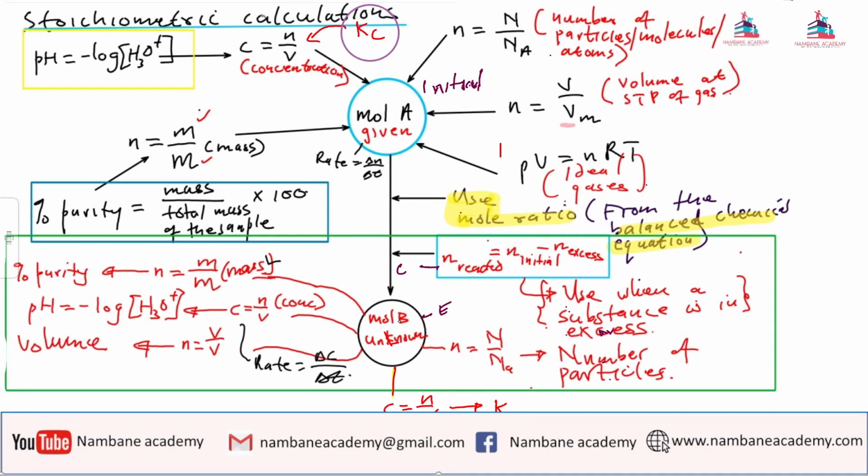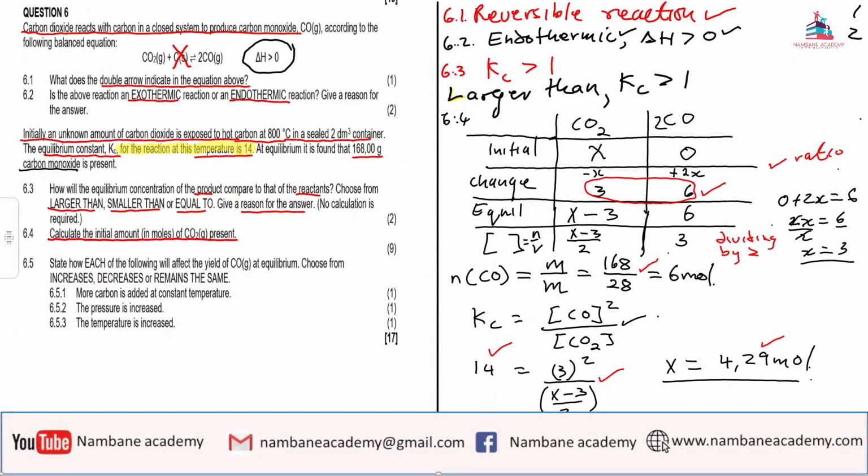After getting the number of moles of the unknown at equilibrium, we calculated that to get the concentration. That is where I am here, the concentration, and from the concentration we used the Kc value. So this is the standard approach of stoichiometric calculation. You must practice it over and over again, trying to follow each particular step and the sequence thereof, because everything that we did here is exactly that.